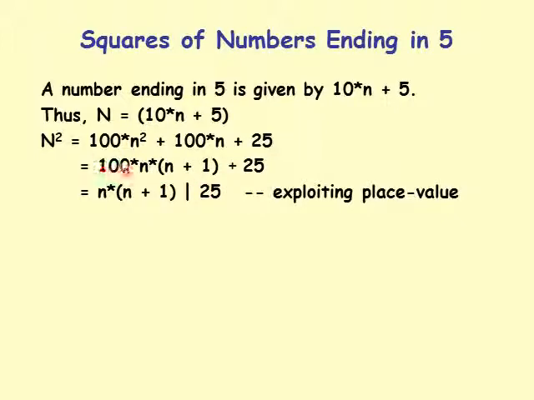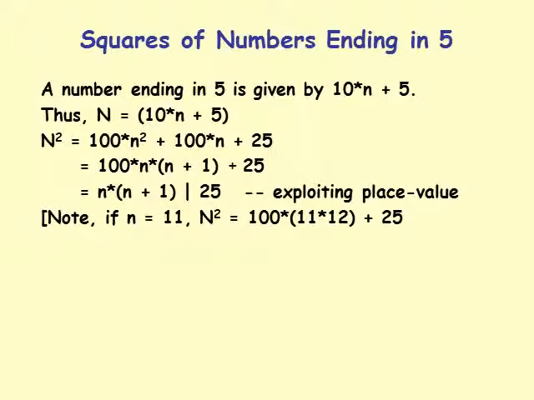If I multiply some number by 100, we get 2 zeros at the end, and this 25 added slides right into those 2 zeros. So I can say: add 25 on the right and n times (n plus 1) on the left.